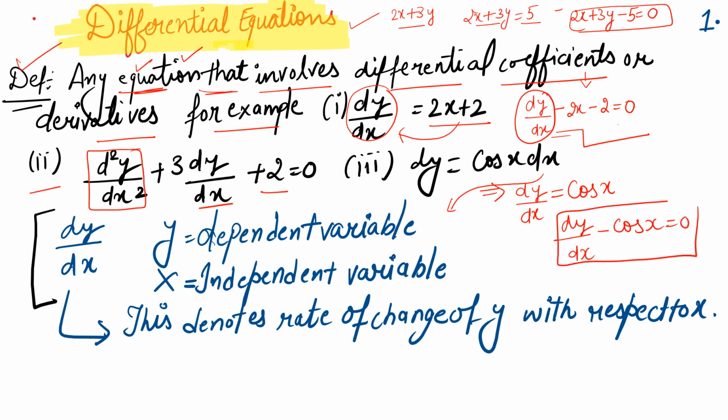So it is also a differential equation. Here d square y upon dx square plus 3 dy upon dx plus 2 equals 0. It is also a differential equation. It doesn't matter whether there is second derivative, third derivative, fourth derivative. A derivative should be involved in the equation.